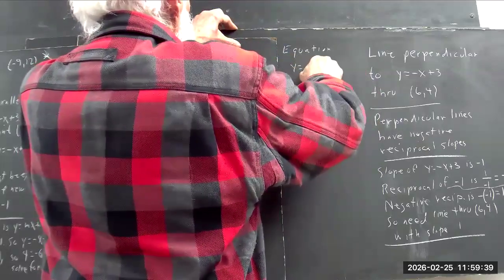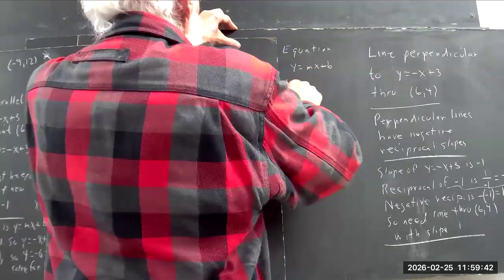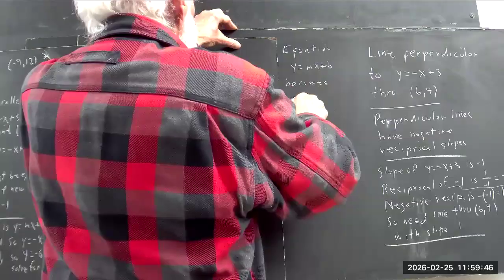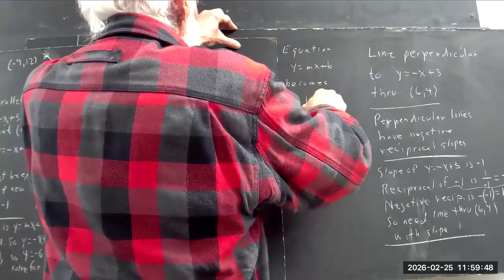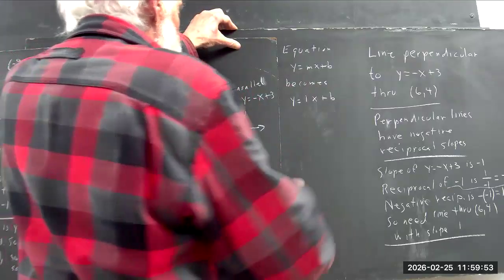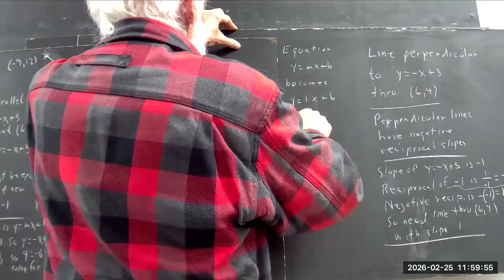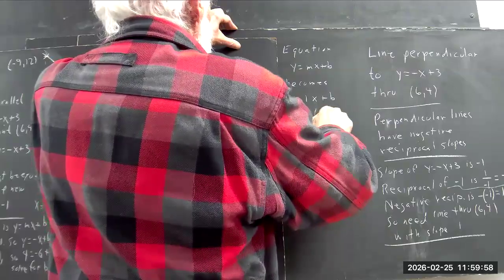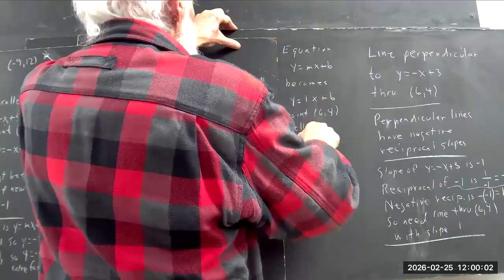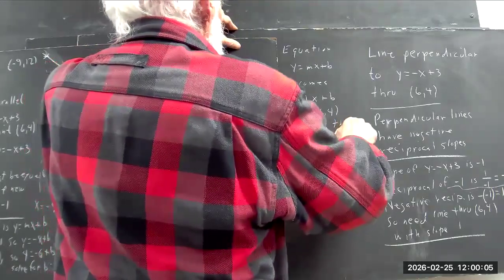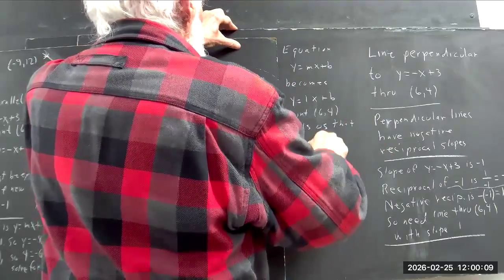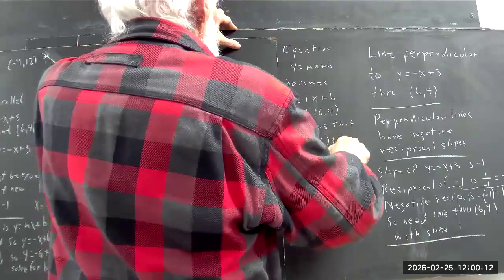So the equation y equals mx plus b becomes y equals 1x plus b. And the point 6, 4 tells us that 4 equals 1 times 6 plus b.